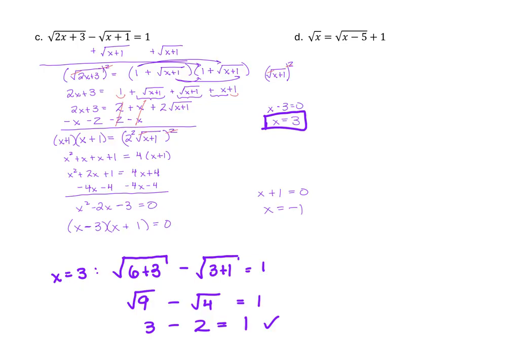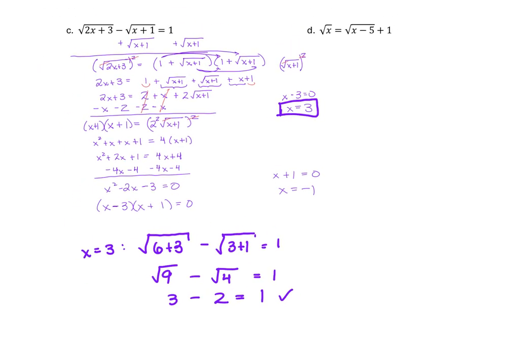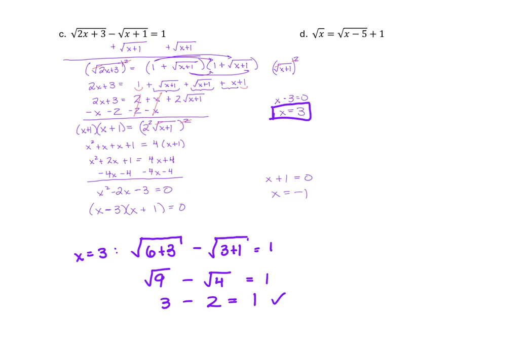All right, we also want to check negative 1. And so if we plug in negative 1 to our original equation, we get the square root of 2 times negative 1 is negative 2 plus 3 minus the square root of negative 1 plus 1, and I want to know, is this equal to 1?